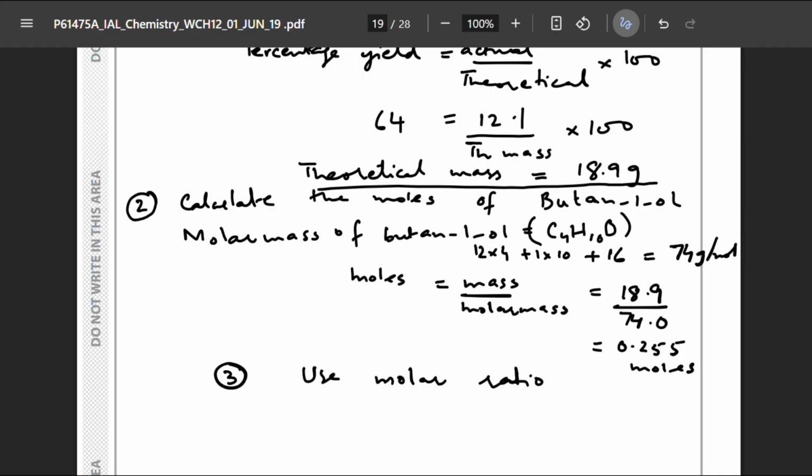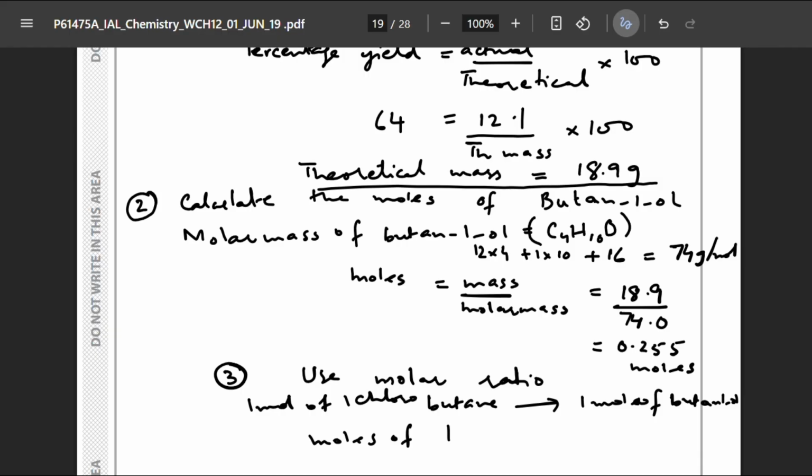Now, you know that the ratio between the moles of butan-1-ol and 1-chlorobutane is 1 to 1, as 1 mole of 1-chlorobutane forms 1 mole of butan-1-ol.